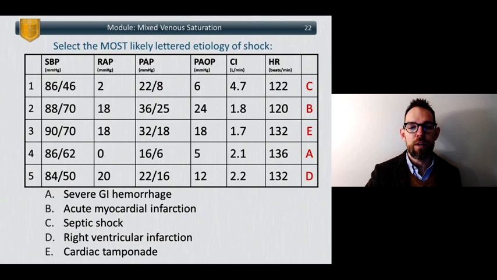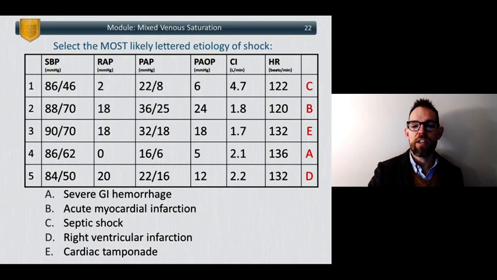And now we're left with the difference between acute MI and right ventricular infarction. For acute MI, we see elevated right atrial pressures, elevated PA pressures, and elevated PA occlusion pressures in the face of a low cardiac index. That matches up with acute myocardial infarction.